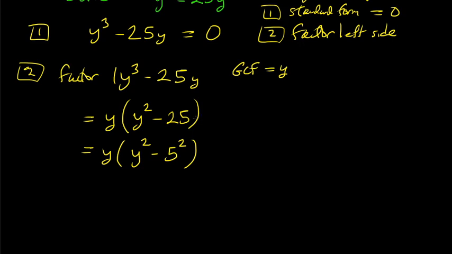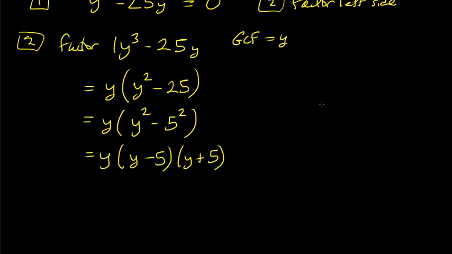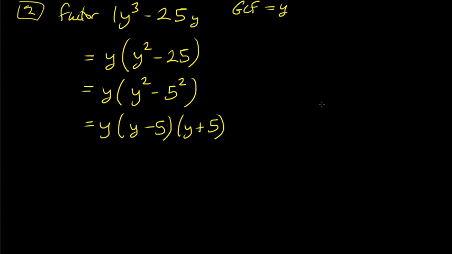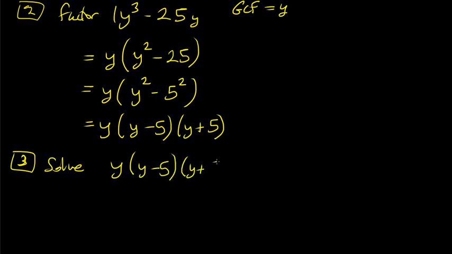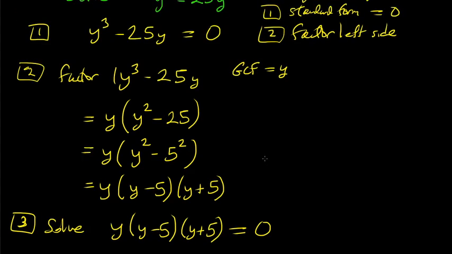So by now, you can factor this as y minus 5 times y plus 5. Now it's factored completely. So only one thing left to do. Now we want to solve the equation y times y minus 5 times y plus 5 equals 0. Remember, this equals 0 here.